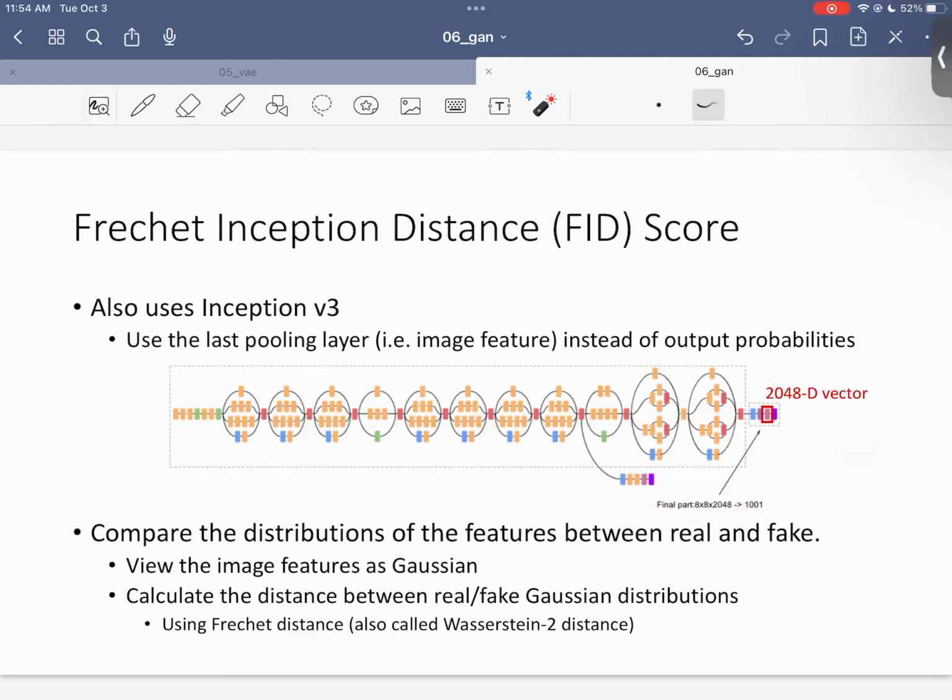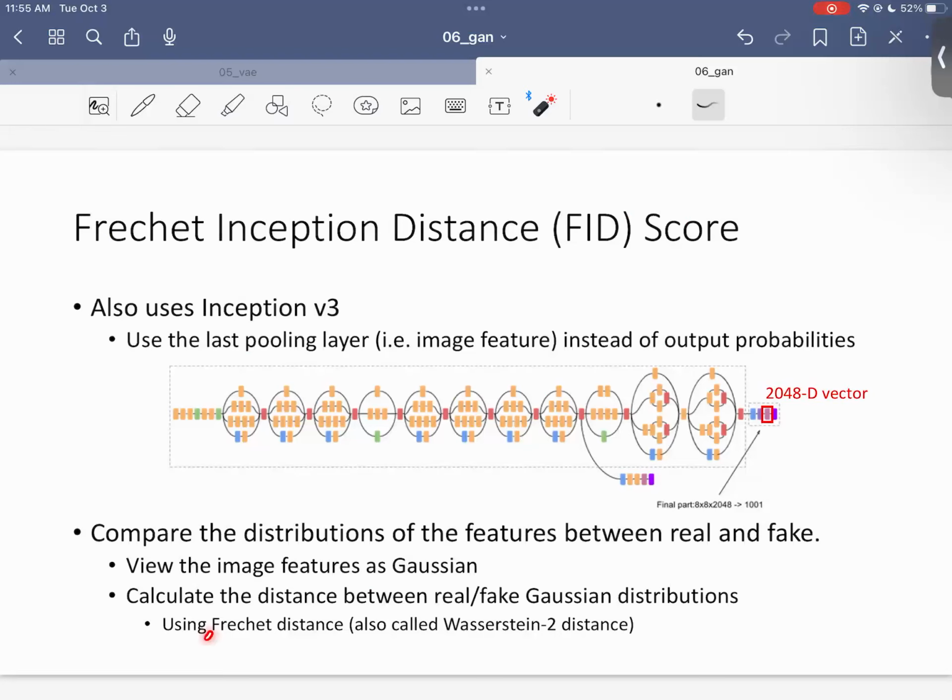And what you do is you assume that the zi's are following a normal distribution. The z prime i's are also following a normal distribution, and you calculate the distance between the two normal distributions. That's what this FID score is doing. You use something called Frechet distance to calculate the distance between the two.